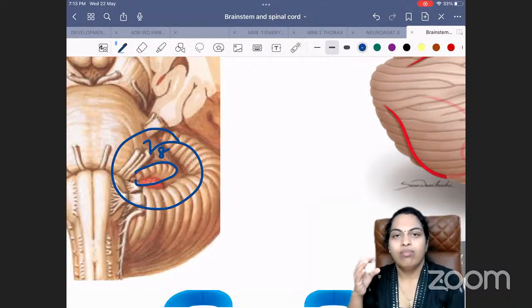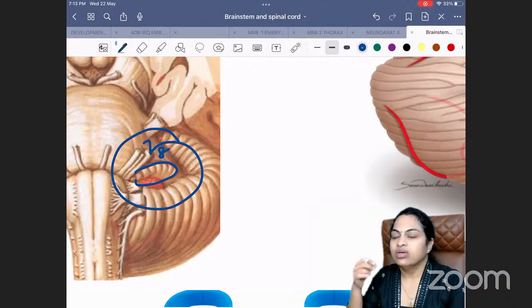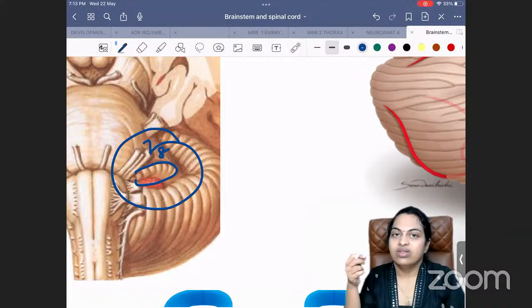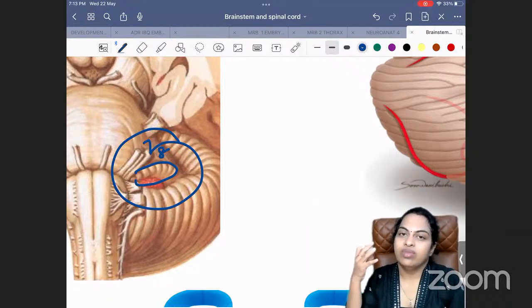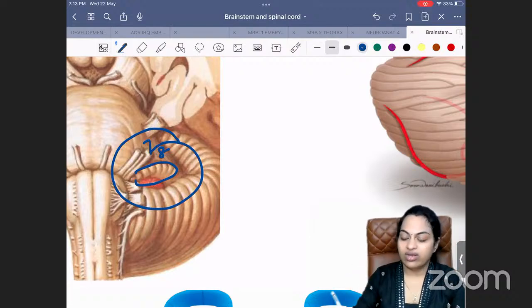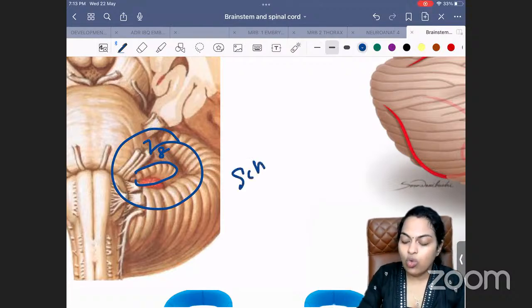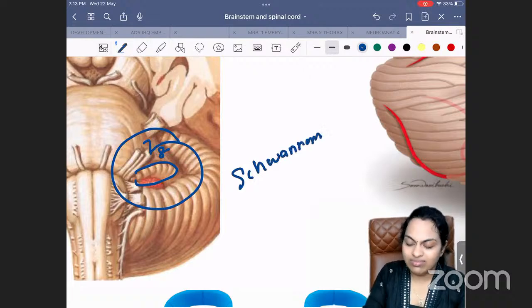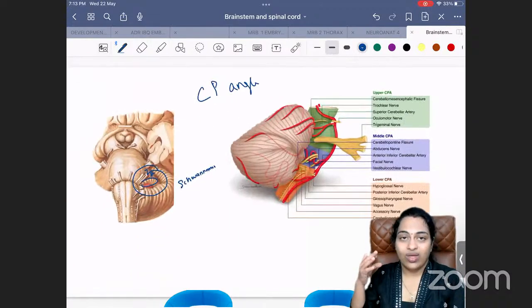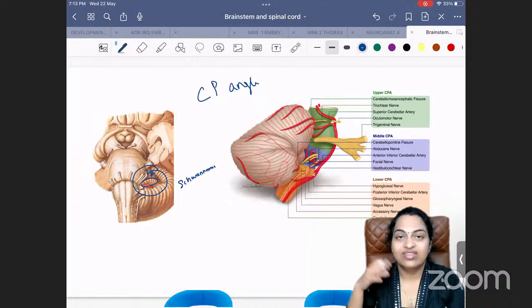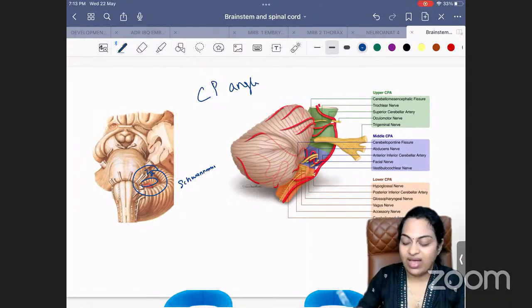What is very common in the clinical scenario is a tumor arising from the Schwann cells that cover the cochlear nerve. It's called the acoustic neuroma or schwannoma, a very common thing. It can affect the other structures around the CP angle, the seventh nerve, the eighth nerve.